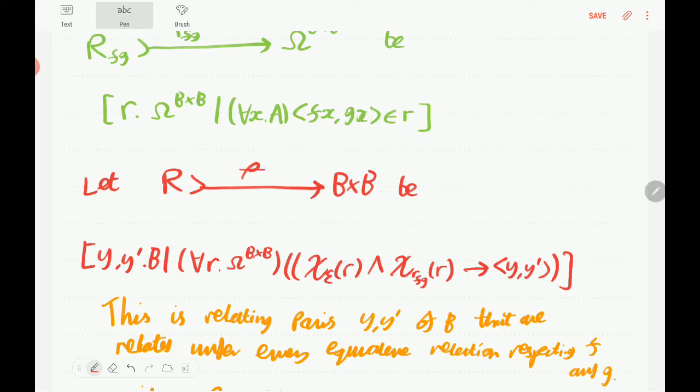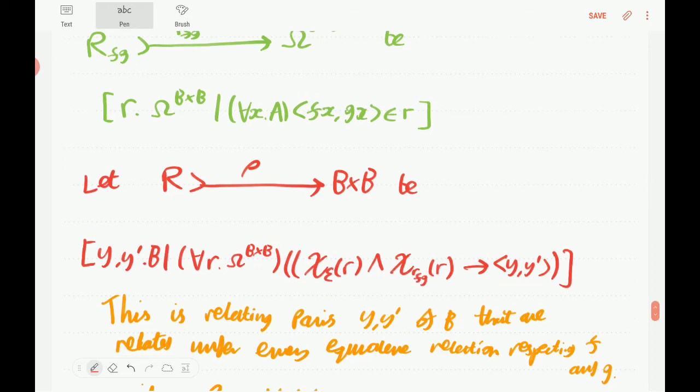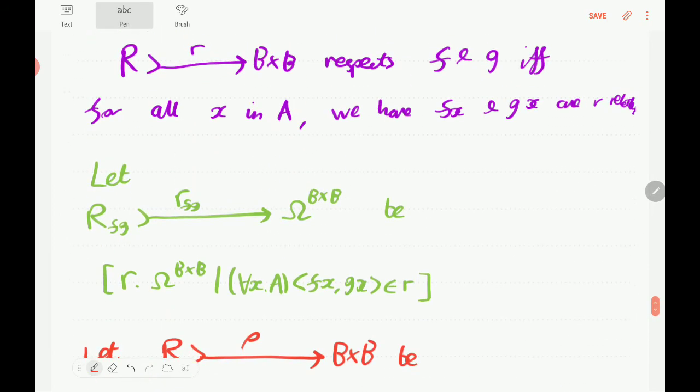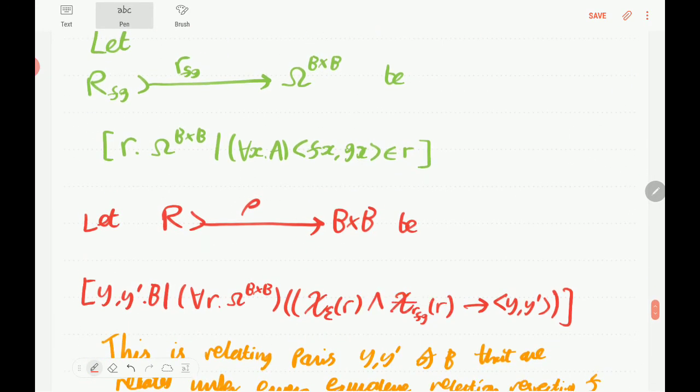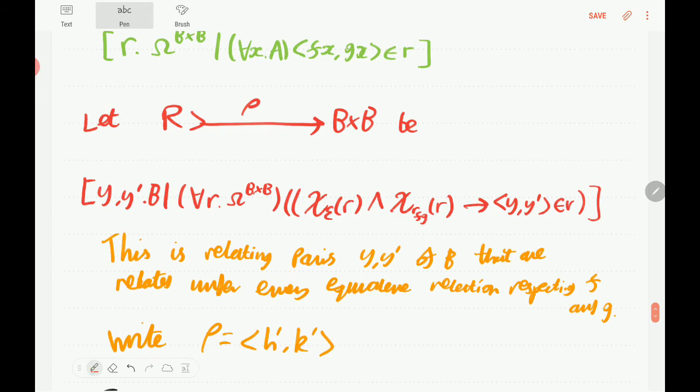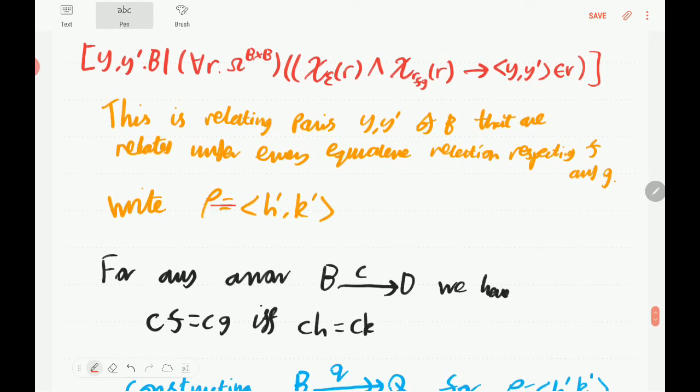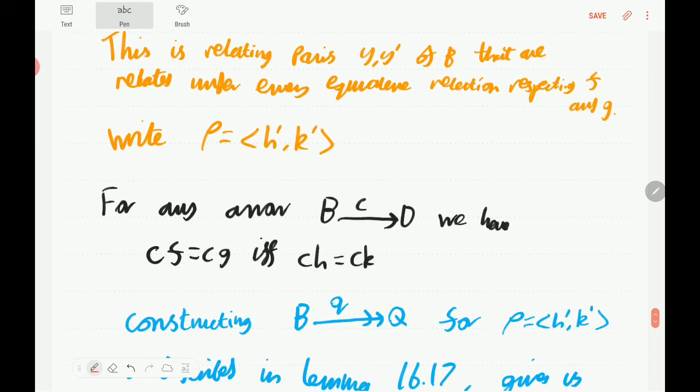But more precisely, rho is this extension of for all r in omega to the power of B times B, chi of epsilon r, so that's this epsilon here, the load of equivalence relations, and chi R F G of r implies y comma y dash in R. So basically, this is going to be another equivalence relation on B times B. And so let's write rho equals H dash comma K dash.